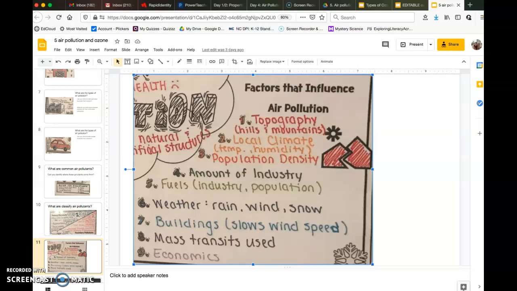So are they efficient machines, or are they, again, polluting the atmosphere? And then lastly, economics can even play a part in the air pollution.